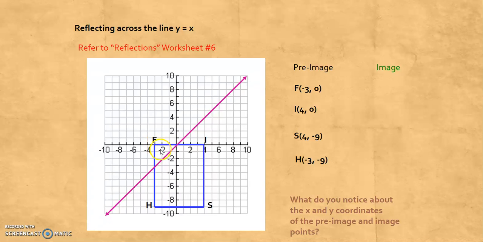If I go diagonally, it looks like it's across a block, another one, and then it should put me here. For H, you have to go perpendicular. It looks like I go through 1, 2, 3, and so I need to go the same distance on the other side. Continue that for all the points.